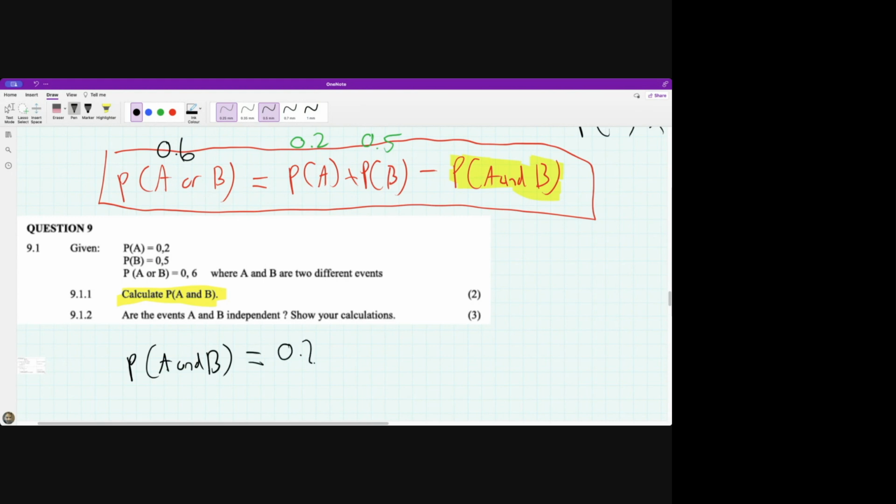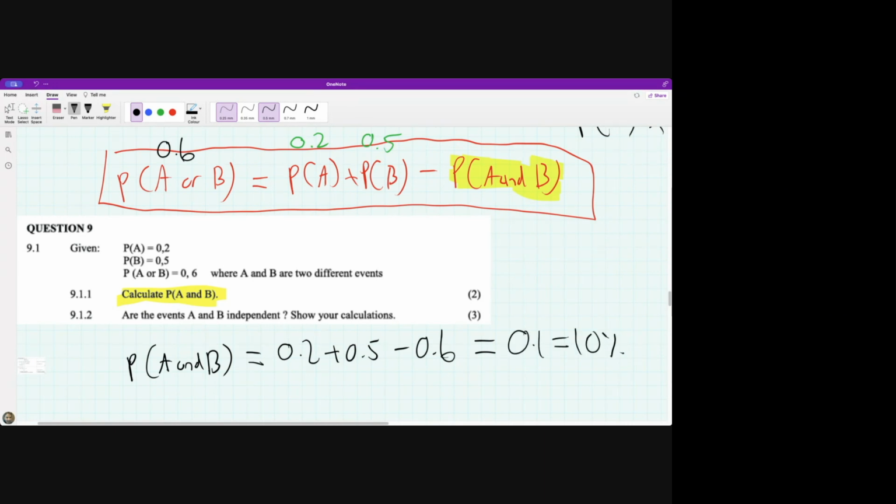But when I do that, I need to move this to this side. So what are we going to get as our answer? Okay, 0.1, or we could say it as 10%.